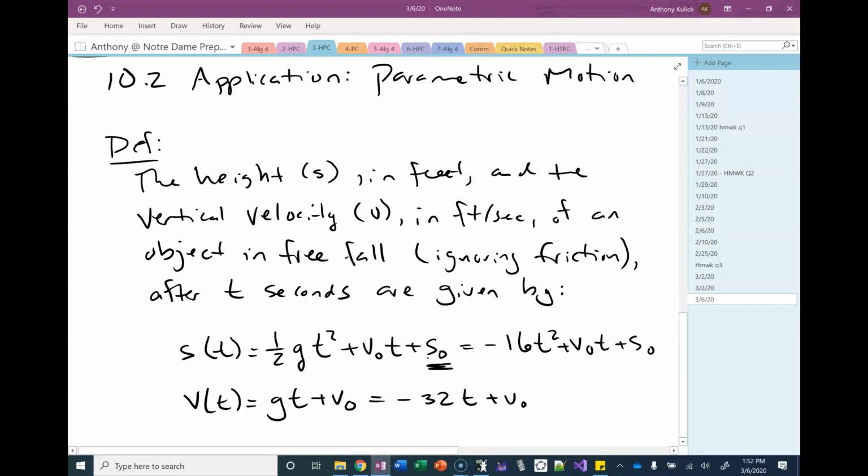That's the initial height. So s is the initial height? Well, yes. Again, no. s naught is the initial height. The height is just s. So the height at time t is s of t.